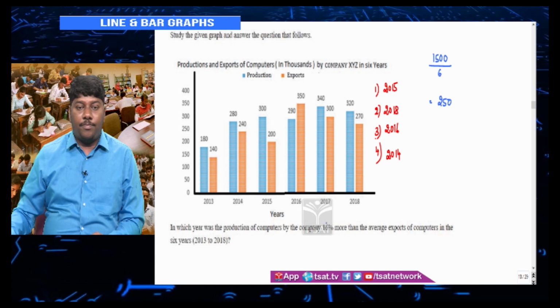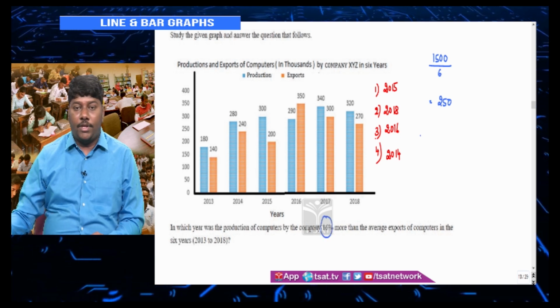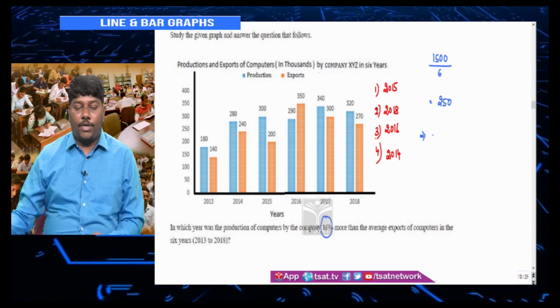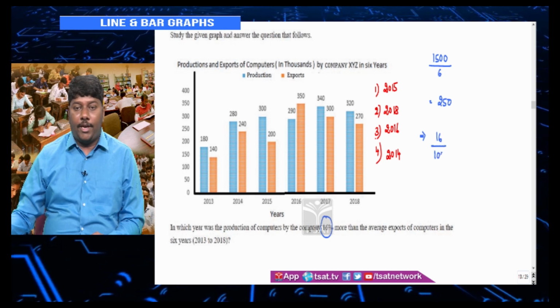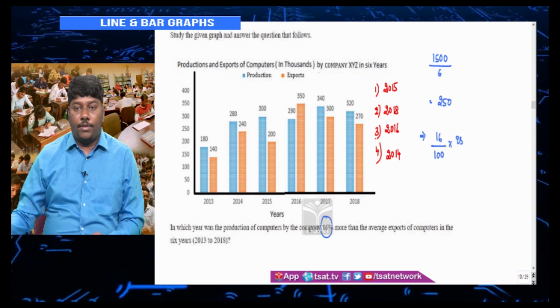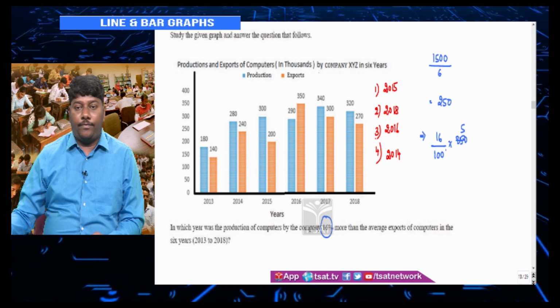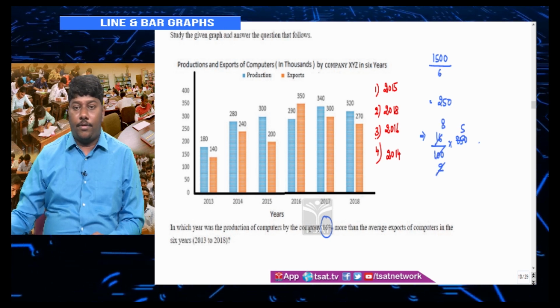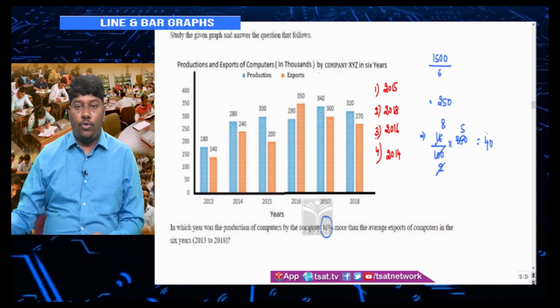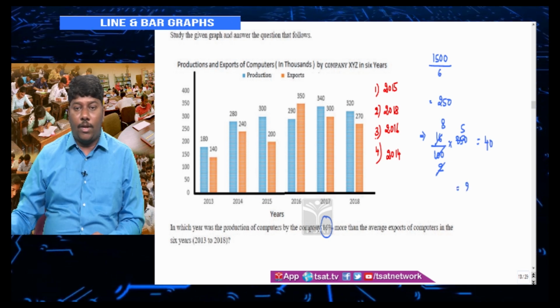And he is asking you 16% more. What is 16% of 250? 16 by 100 into 250. 5 fours, 5 twos. Therefore, it is 40. 250 plus 40 is 290.